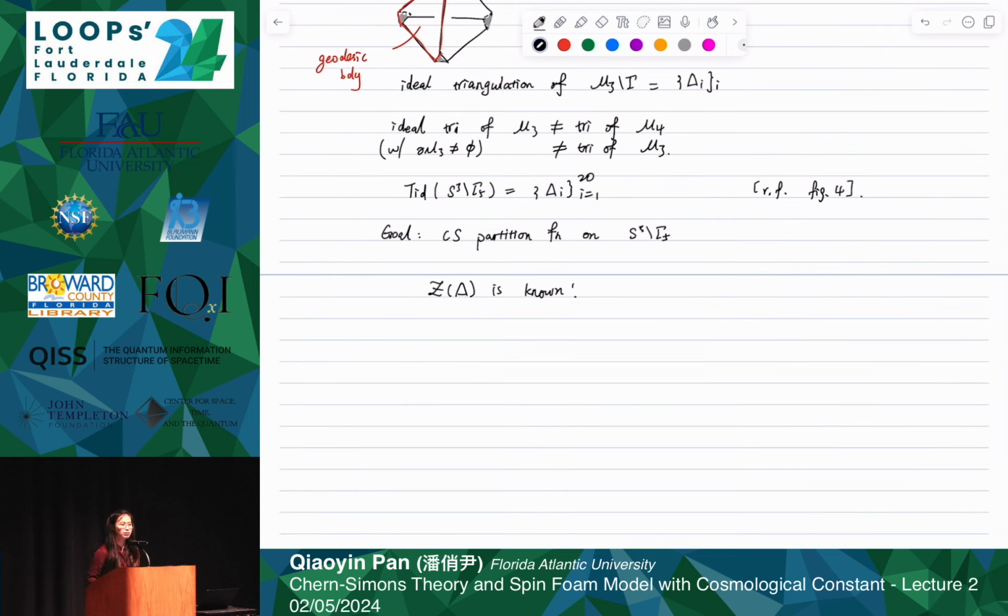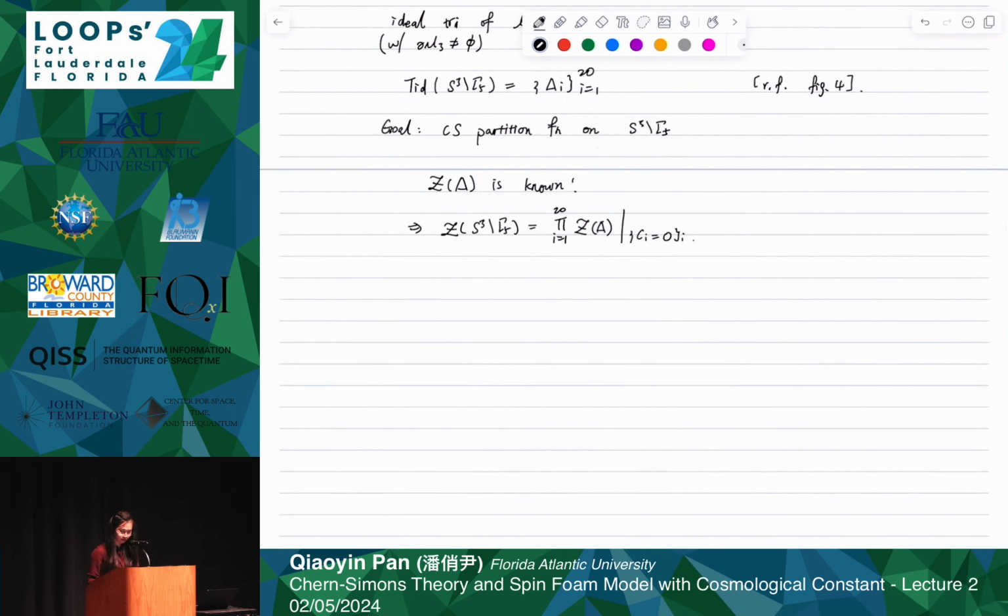Then the partition function for the whole 3-manifold basically becomes a product of 20 partition functions, each on one ideal tetrahedron, with some constraints imposed. So it's very simple. Our task 1.1 is to construct this partition function on an ideal tetrahedron.